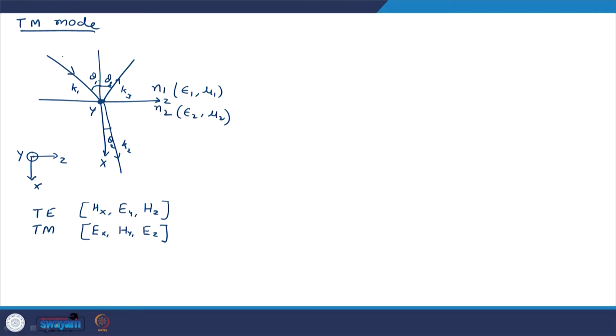So, let us consider that the electric field is pointing in this direction, E I, and the magnetic field is in the perpendicular direction, H I. The one which gets transmitted has electric field E T and magnetic field H T, and in the reflection it has E R and H R.